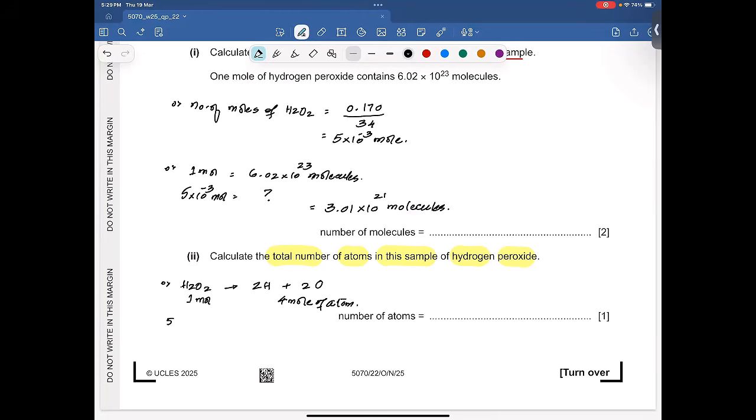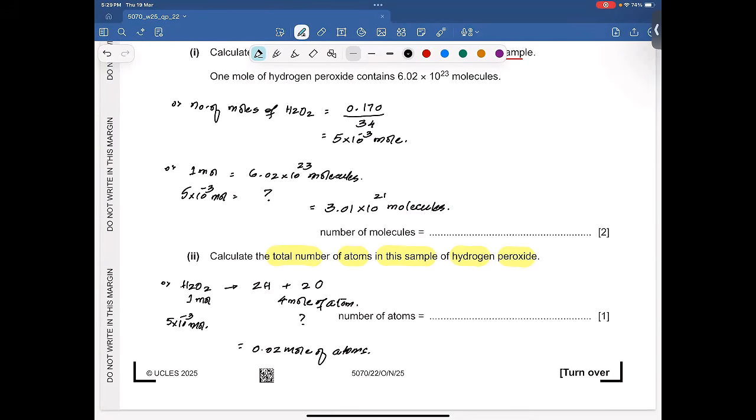When we have 5 into 10 to the power minus 3 moles of hydrogen peroxide, how many moles of atoms are in there? So it's basically 5 into 10 to the power minus 3 into 4. It's going to be 0.02 moles of atoms.